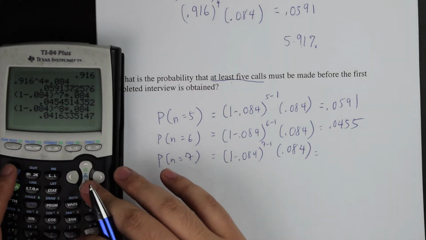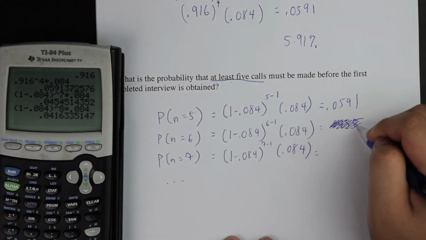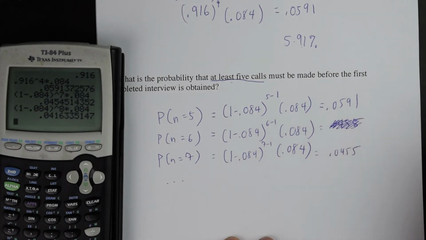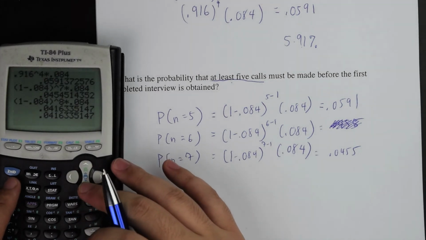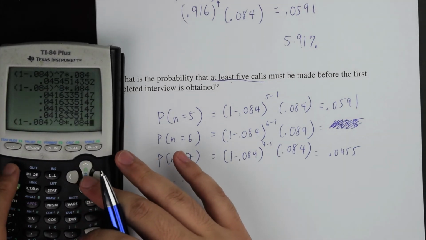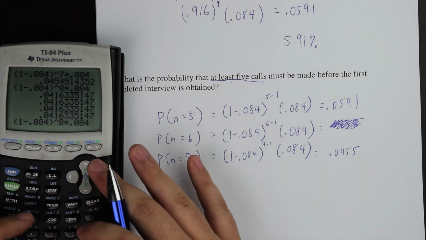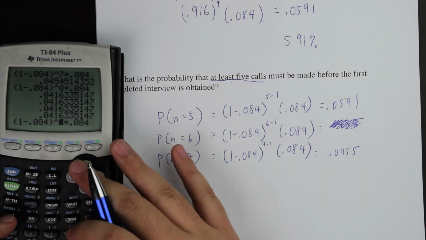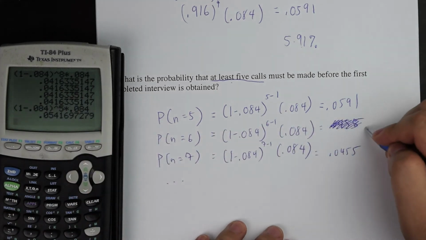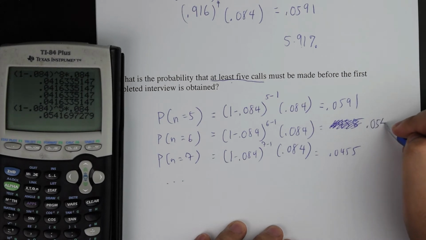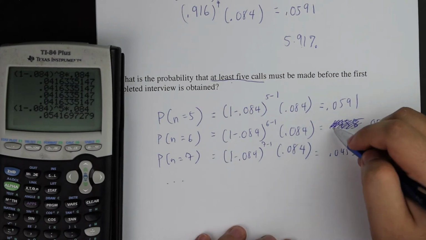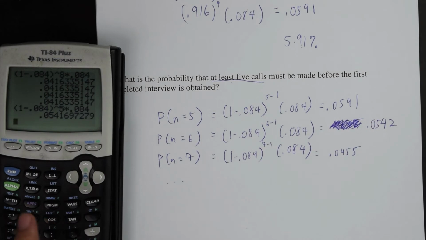I realized that I made a little mistake, so I'll correct that. This should be 0.0455. And this one, let me do the entry. Oops. Okay, let's do 7, 6. That's 5 actually. 5 will actually be 0.04542. Okay, so just correcting a little mistake.